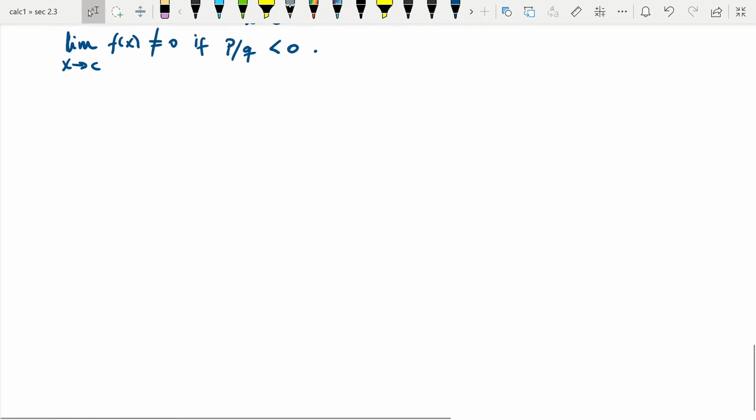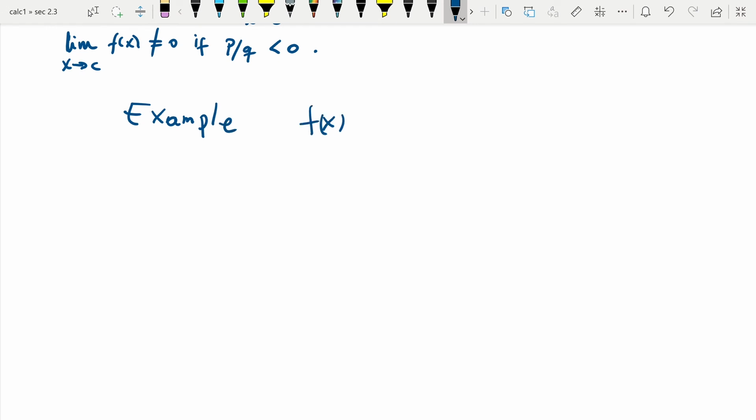So one very quick example here: f of x is equal to x plus 1, n equals 2, and c equals 0.